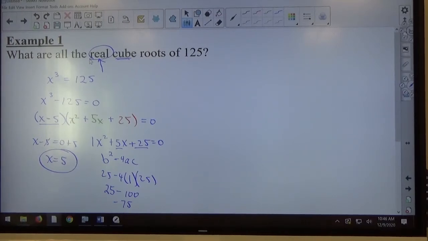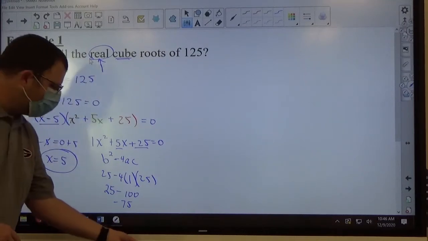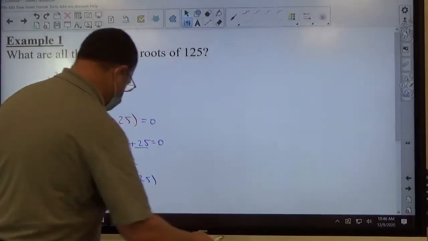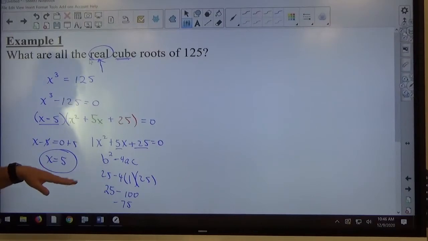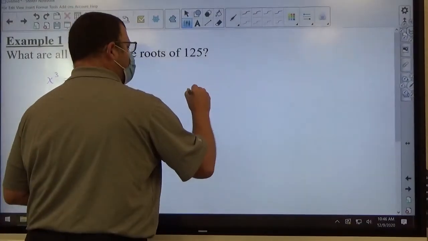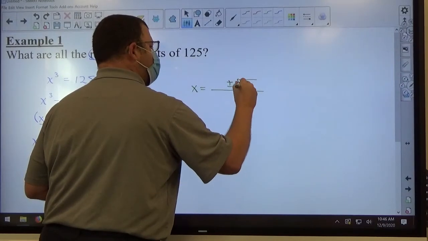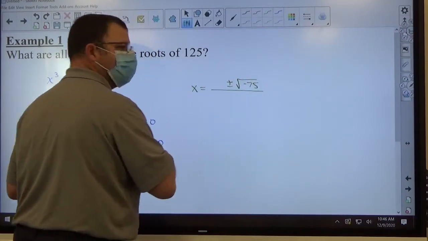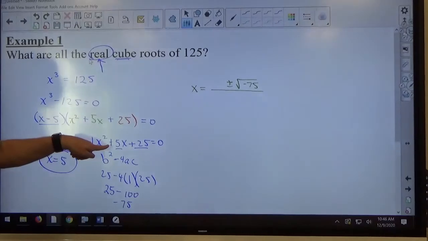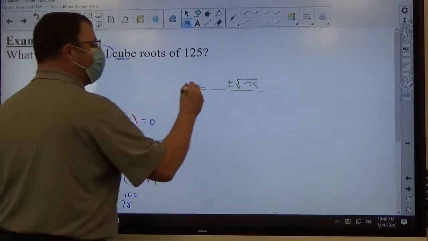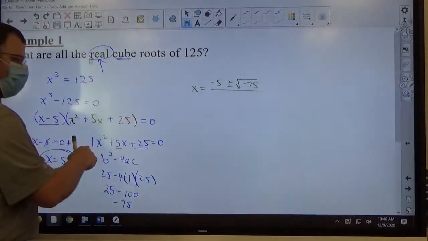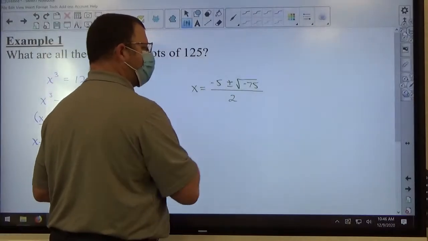Cube root. Just to quickly show you this, if I happen to finish this problem out, okay? So if I did x equals, the negative 75 goes in here, right? Minus b is the opposite of 5, which is negative 5. And 2a is 2 times 1, which is 2.